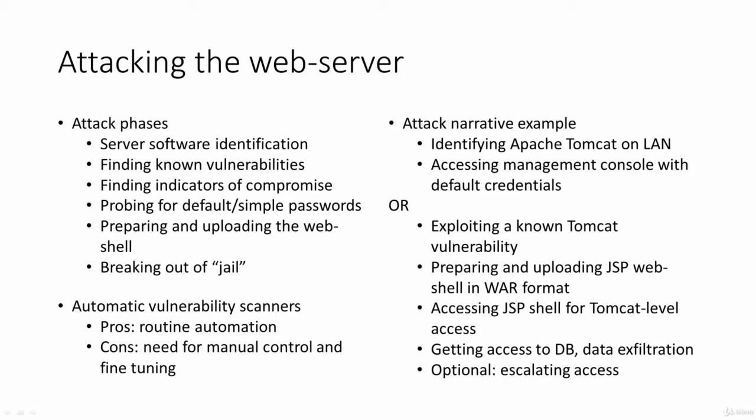So you assume that there is some Apache Tomcat behind that, and you go to its management console URL, and that URL shows you a login and password window. You type in the default Tomcat credentials, and most vulnerability scanners will find that for you, most probably, and you get in.